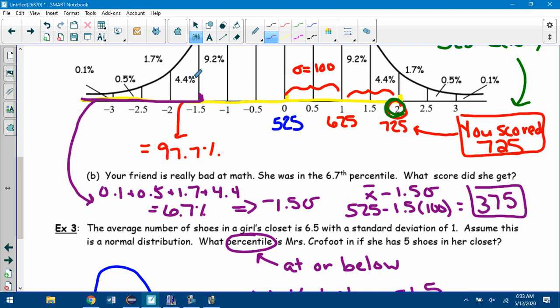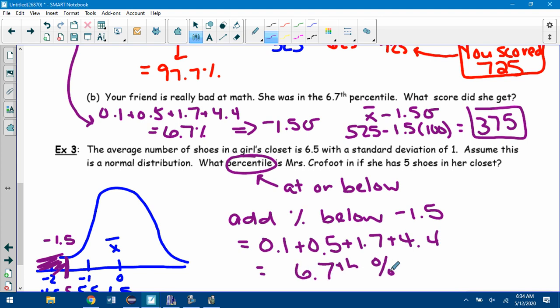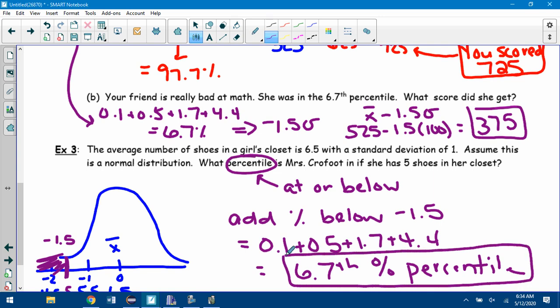It's the same one I just did. 4.4, 1.7, 0.5, and 0.1. You know that's going to give us 6.7%. So she is at the 6.7th percentile. It means she has fewer shoes than most people. She only has more shoes than 6.7% of the population.